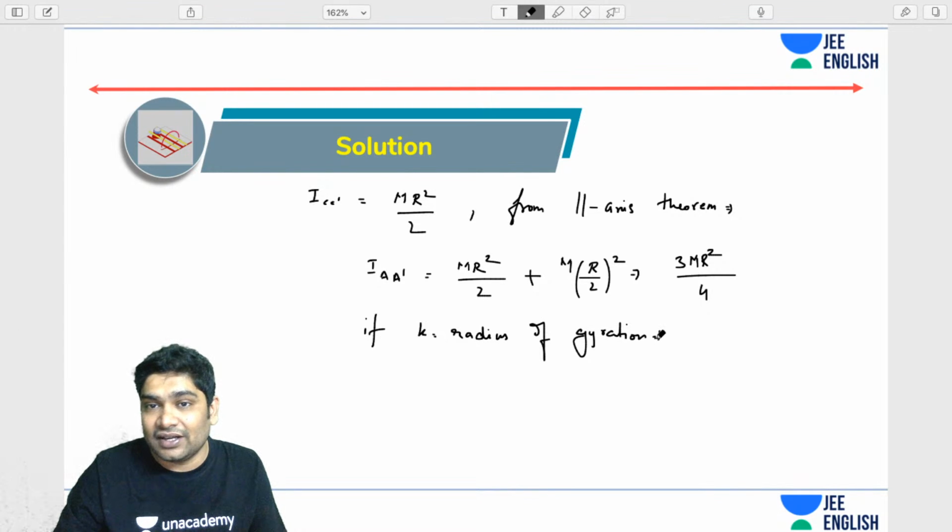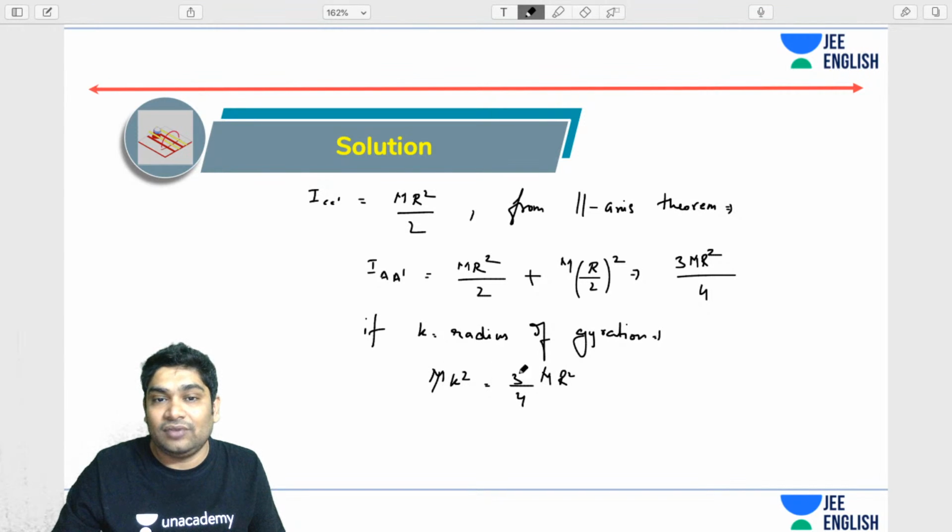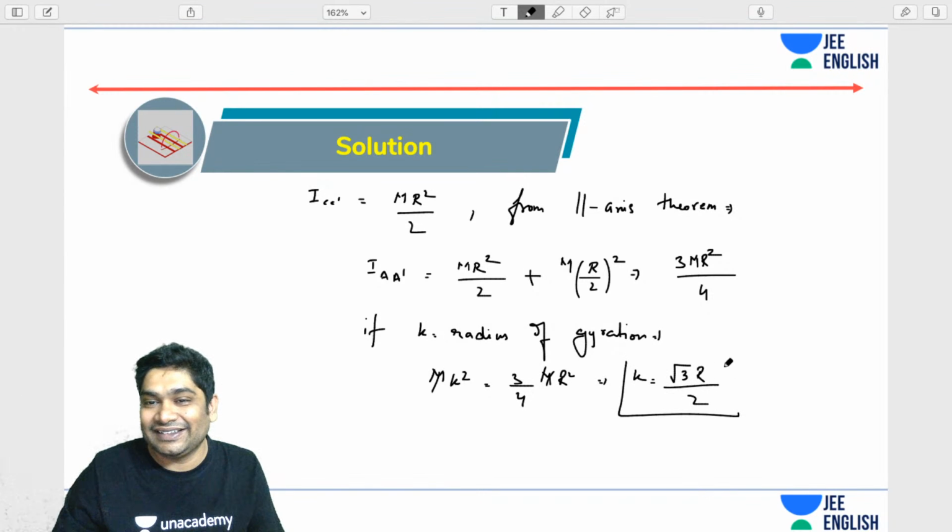If k is the radius of gyration, then mk square equals 3 by 4 mR square, and from here you will easily get that k is root 3R by 2. So very well done, Rishabh. That is the correct answer.